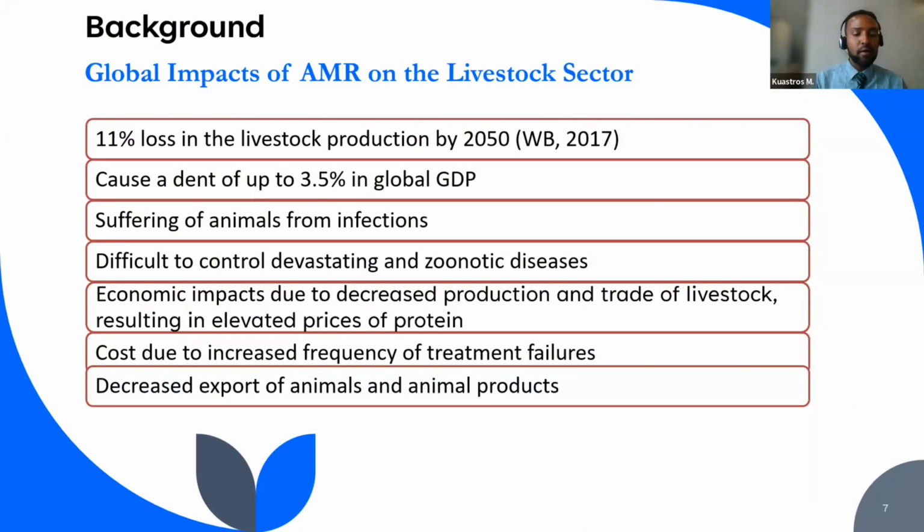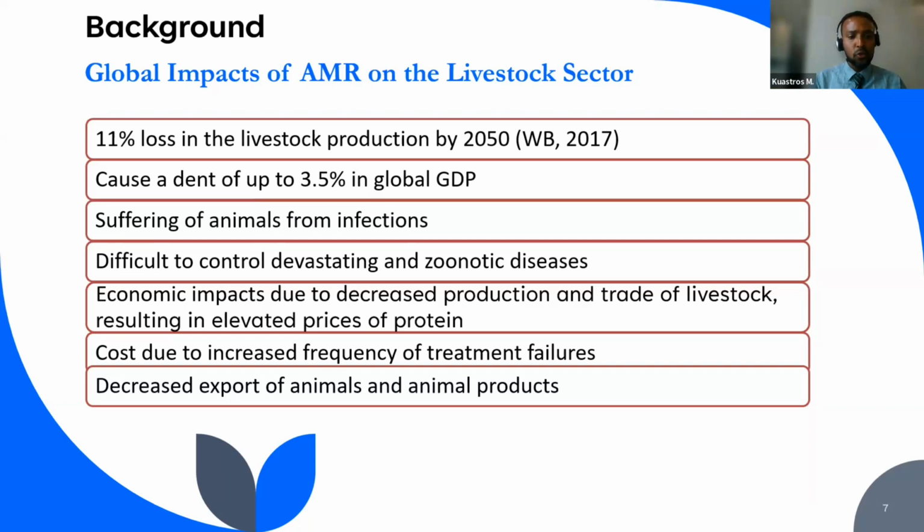As you know, AMR pathogens are also zoonotic, transmitted from humans to animals or from animals to humans. So controlling zoonotic diseases could be very difficult. And again, the economic impact, as we said earlier: trade, particularly live animal trade or meat trade, could also be affected, resulting in economic crisis.